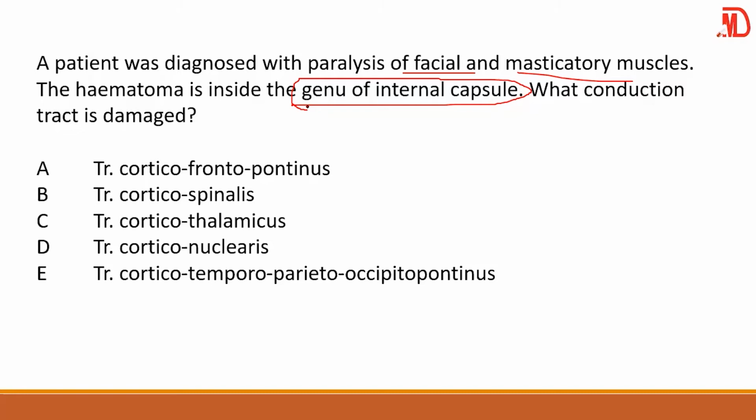So we are talking about the corticobulbar system. And if you're talking about the corticobulbar system, then definitely our best bet will be corticonuclearis. So your answer is D, corticonuclearis, because it's the same as corticobulbar. All right, so your answer is D.